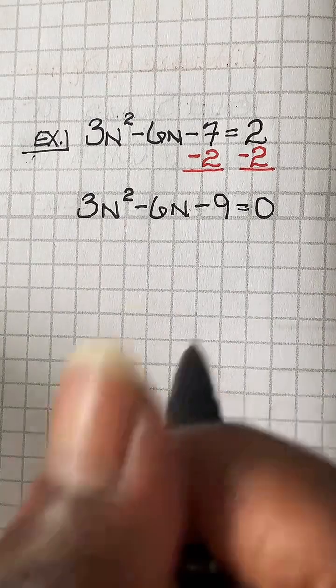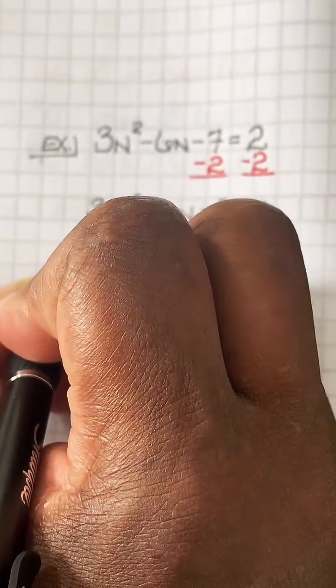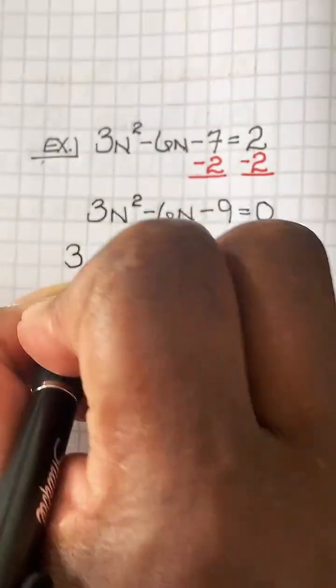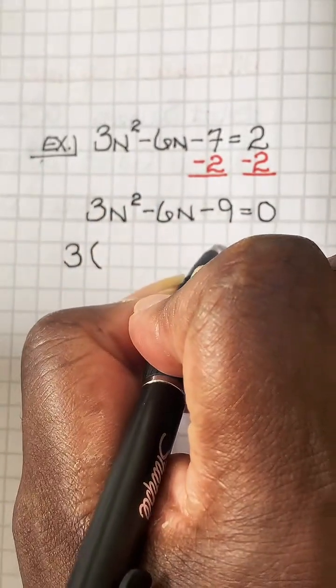Take out 3. Good. So if I factor out a 3, what remains?